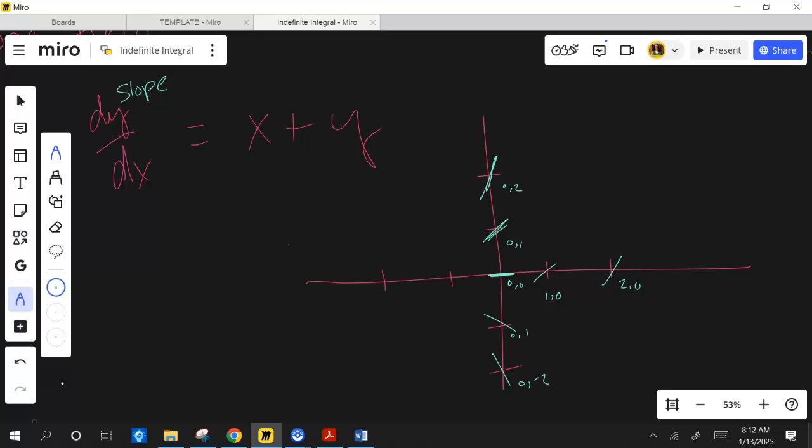Even steeper. Do I need to do all of these? At 1, 1, it's 2. How about at 1, 2? So even steeper. That's way bigger than that. But still, you get the point.